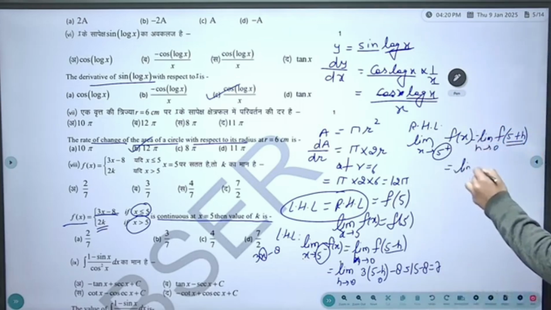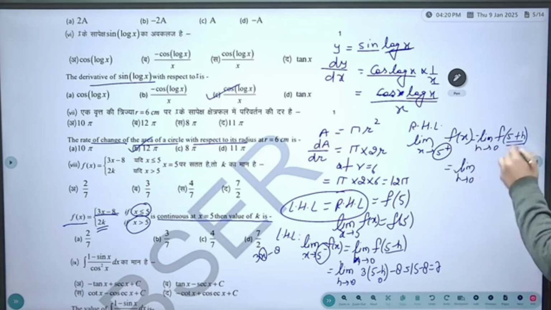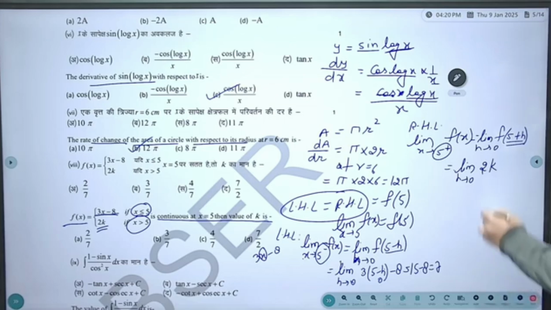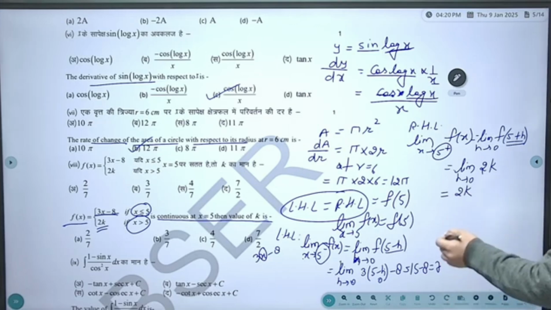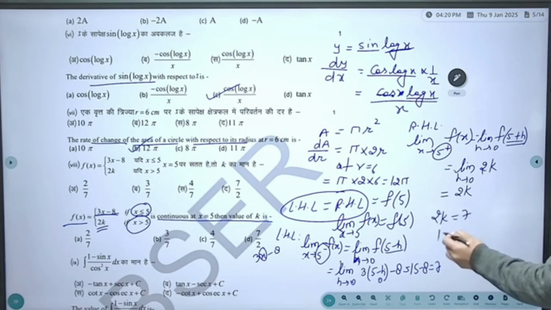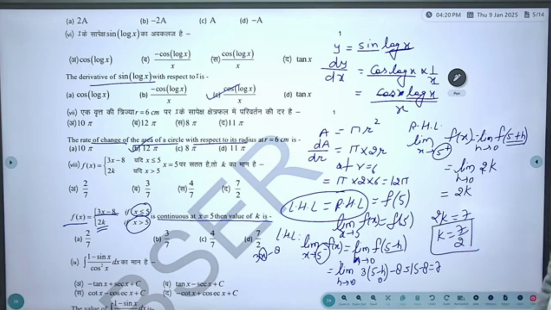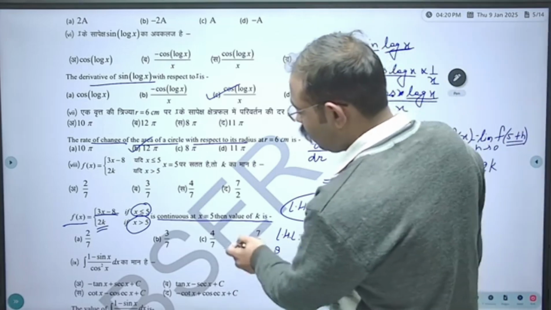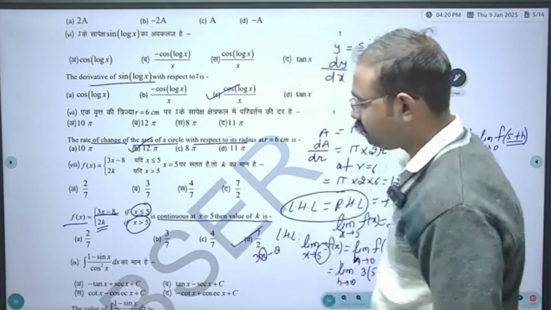So simply limit h tends to 0, we don't have here x, 2k, and we don't have h also to put 0 at the place of h, so this is 2k. Both left hand and right hand limits are equal. So by putting these both equal, 2k is equals to 7 and k is equals to 7 upon 2 is our right answer. So option D is correct option.